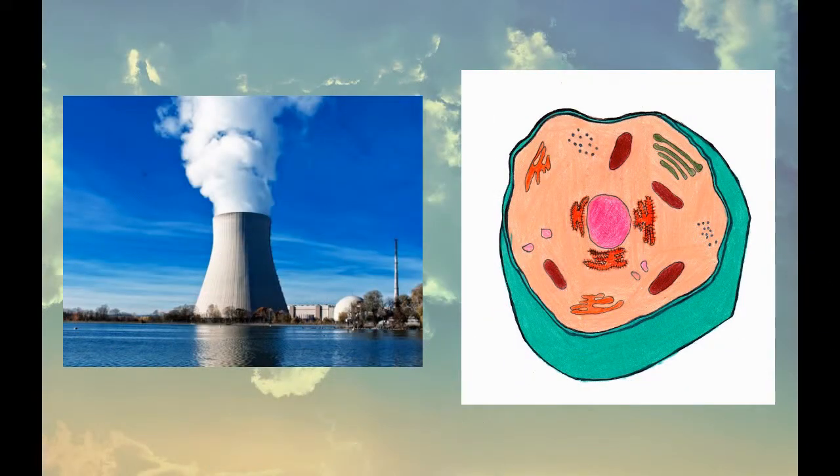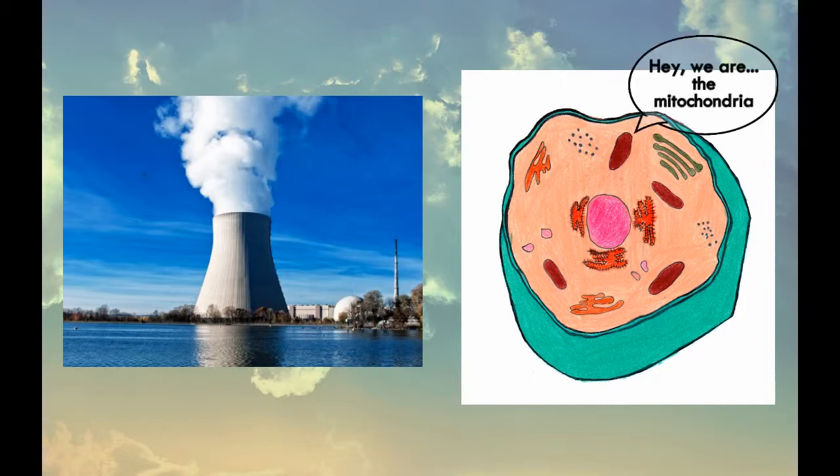Oh, that's it. Ooh, the power plant. The power plant resembles something close to the mitochondria in a cell, because it transforms fossil fuels into electrical energy, just like mitochondria in an animal cell, except mitochondria use oxygen instead of fossil fuels, and get energy from processing food.